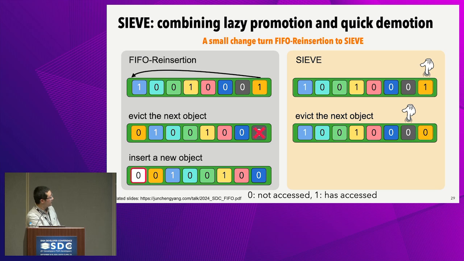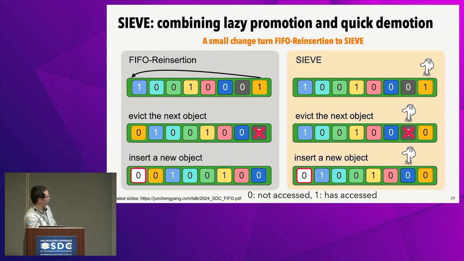Then it checks the object at the next position, and it is 0, so it gets evicted. Next time when we need to evict again, the hand keeps moving towards the left, towards the head, until it reaches the head, and then it wraps around to the tail. Compared to FIFO reinsertion, this is very similar, except that we use the moving hand.